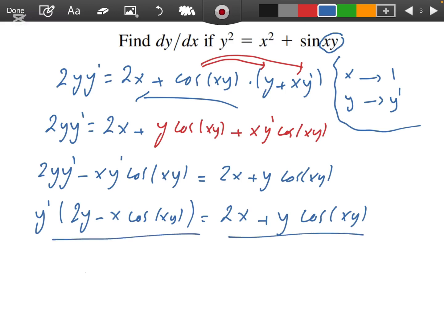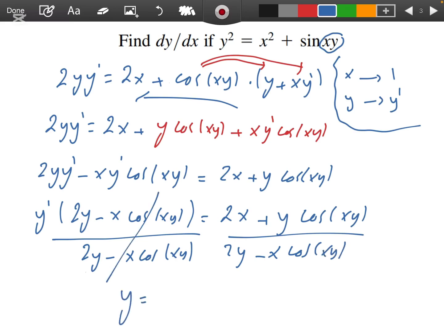Divide both sides by 2y minus x cosine xy. Cancel, and the answer is 2x plus y cosine xy divided by 2y minus x cosine xy.